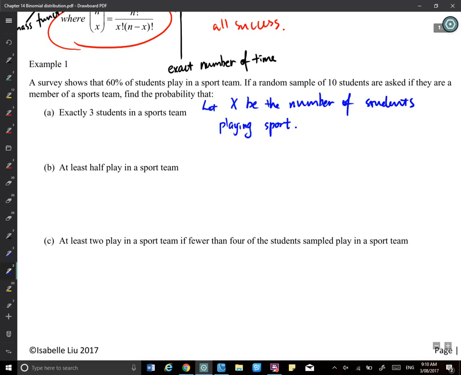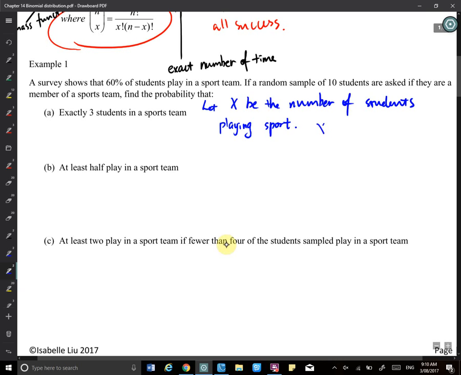I need to set up a random variable. You can't work probability questions without a random variable. You need to use the random variable to talk about what you're actually trying to figure out, which is capital X. The next thing is X will be binomially distributed because, as I explained, they are all identical trials.